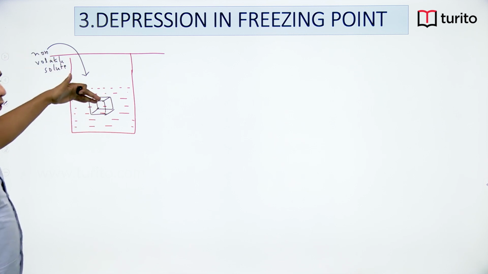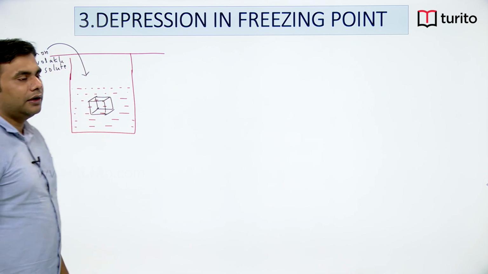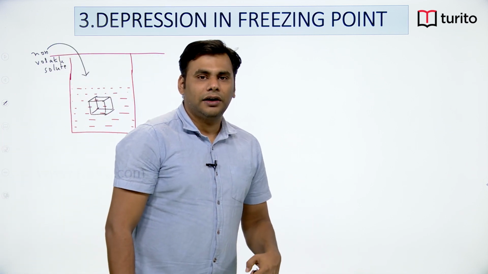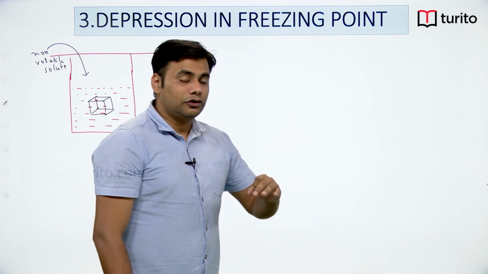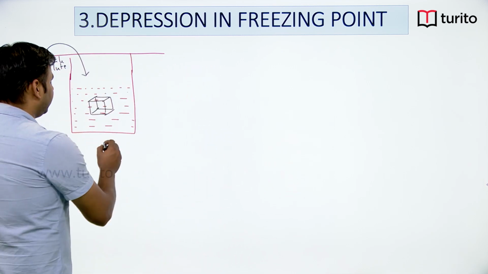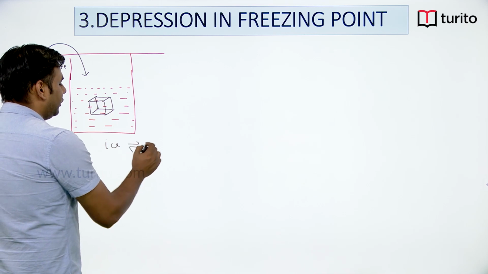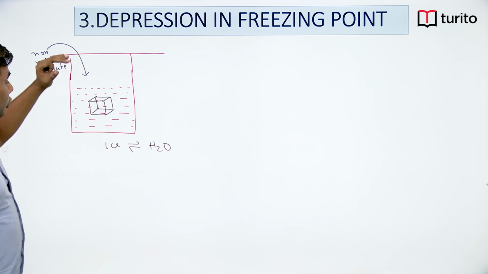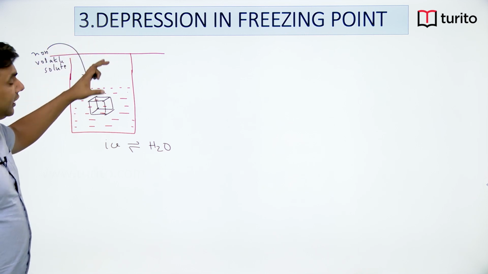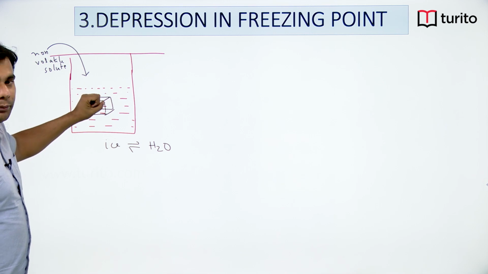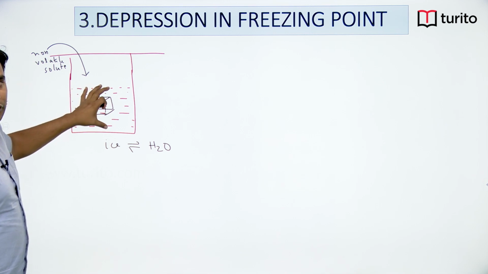Now when we have added the non-volatile solute, suddenly the vapor pressure of the liquid would decrease. So to increase the vapor pressure again, because there was an equilibrium established between ice and water, some amount of ice has to melt. On melting, it will create more solvent particles.